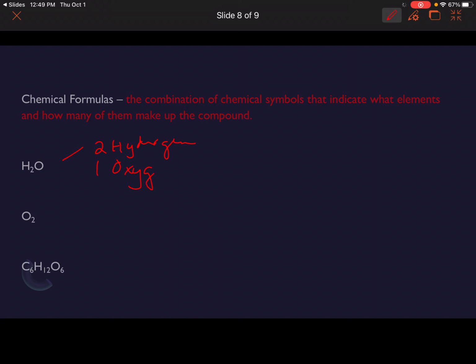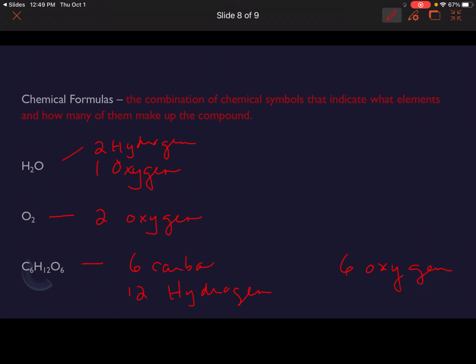This is an oxygen. Good. Now O2, remember, is not a compound, but this would be called a molecule. What do we have in there? Yeah, so this would be 2 oxygen atoms bonded together. And then we've got sugar here, and we've got 6 carbon, 12 hydrogen, and then 6 oxygen.